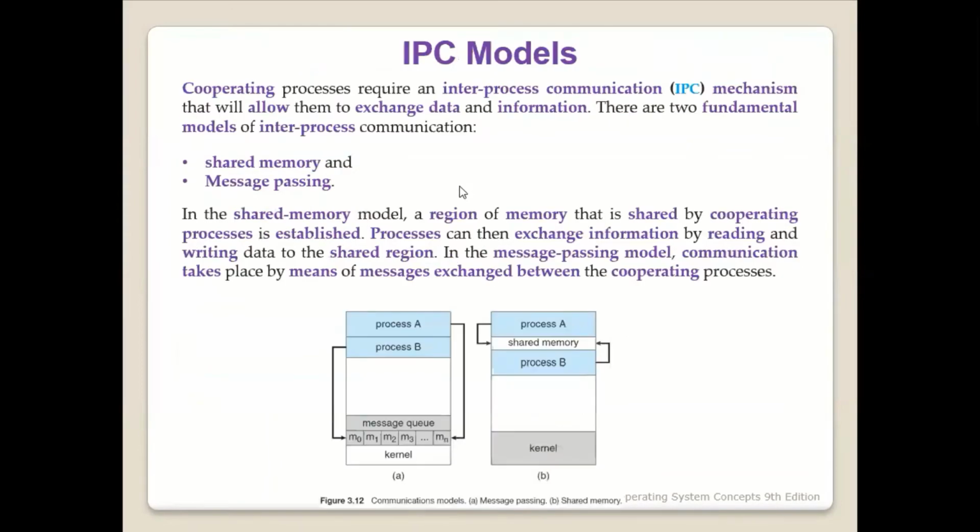Now the IPC models, the inter-process communication models. Cooperating processes require some kind of mechanism, an IPC mechanism, that will allow them to exchange information between the processes.